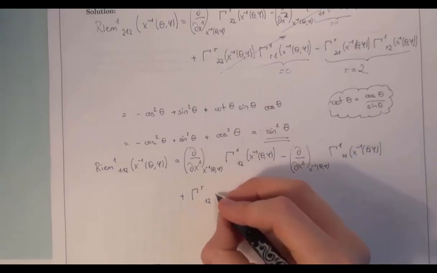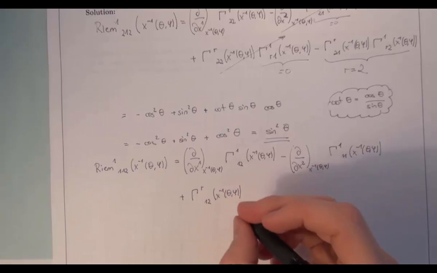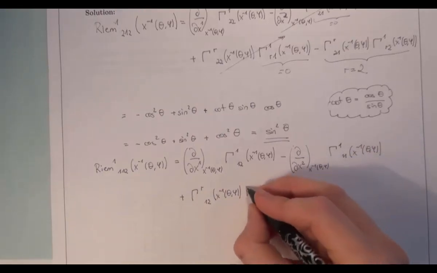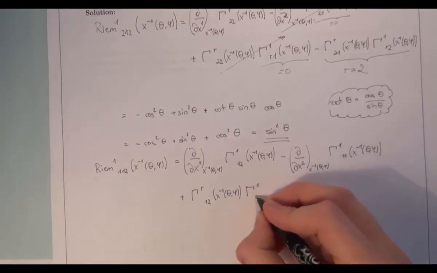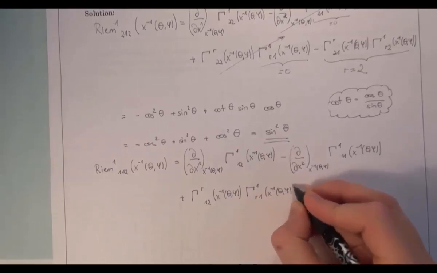We have 1, 2 here. And we have the gamma 1, r 1 here, also at x inverse of theta and phi.